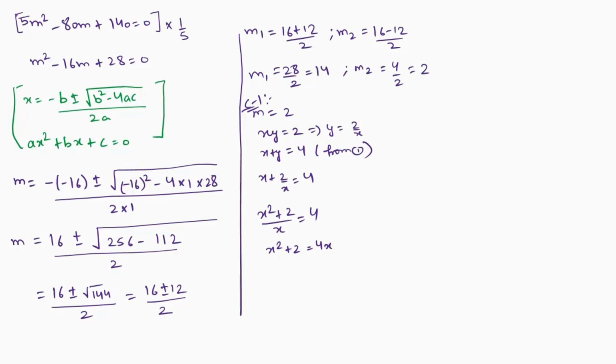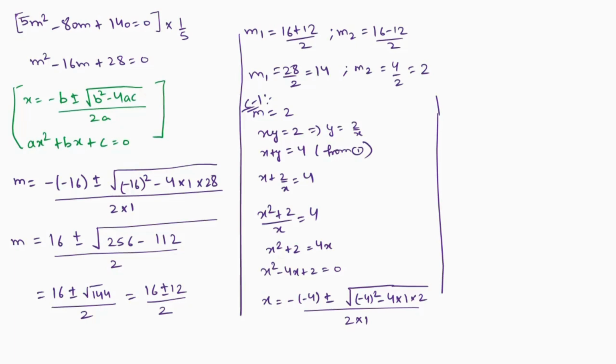Multiply both sides by x, we get x square plus 2 equals to 4x. Bring the right hand side to the left hand side, we get x square minus 4x plus 2 equals to 0. Now we can apply the quadratic formula and we get minus minus 4 plus minus under root 4 raised to the power 2 minus 4 times 1 times 2 over 2 times 1.